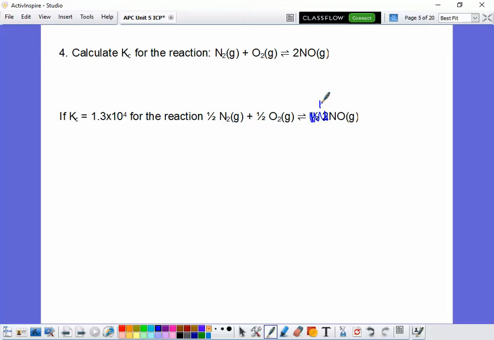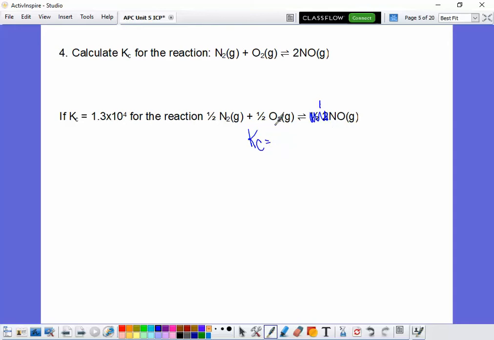All right, so how you balance an equation will affect how the equilibrium constant is calculated. Okay, so we're told that we have a Kc of 1.3 times 10 to the 4th for this reaction. Let's go ahead and write that K expression.